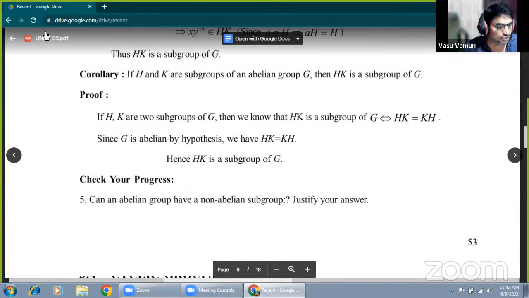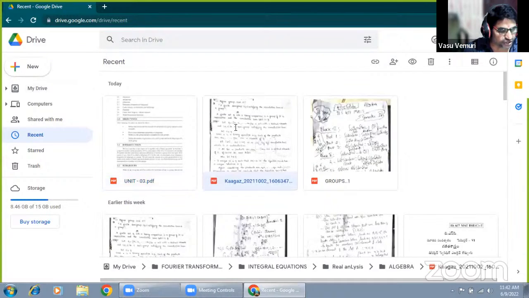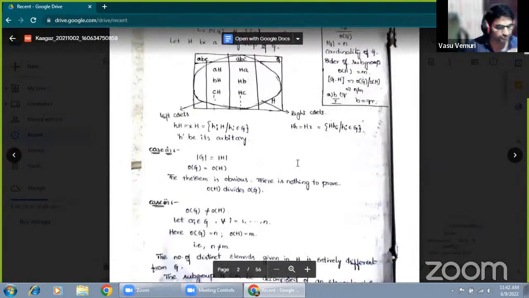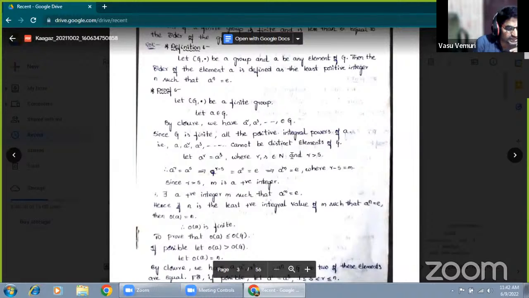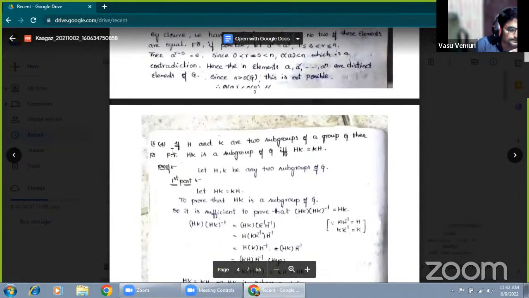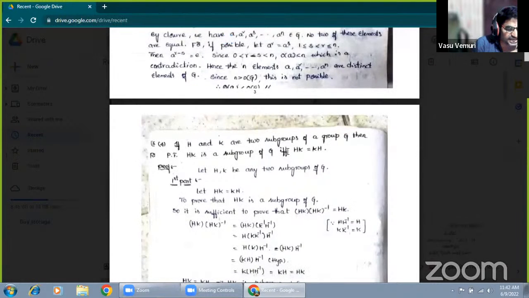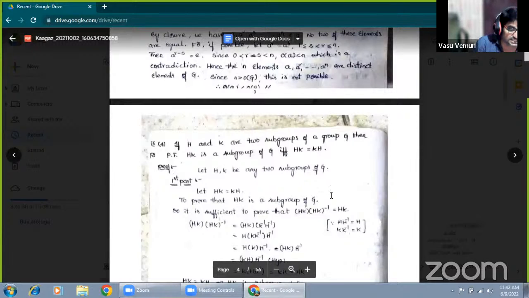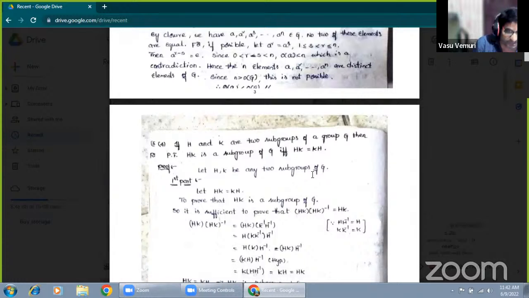Tomorrow we will discuss the cyclic groups, and already we have to begin this one. Just you have to see this theorem here. H and K are two subgroups of a group G. This is our PDF part. This is also one of the important theorems, because today very important concepts are delivered here.